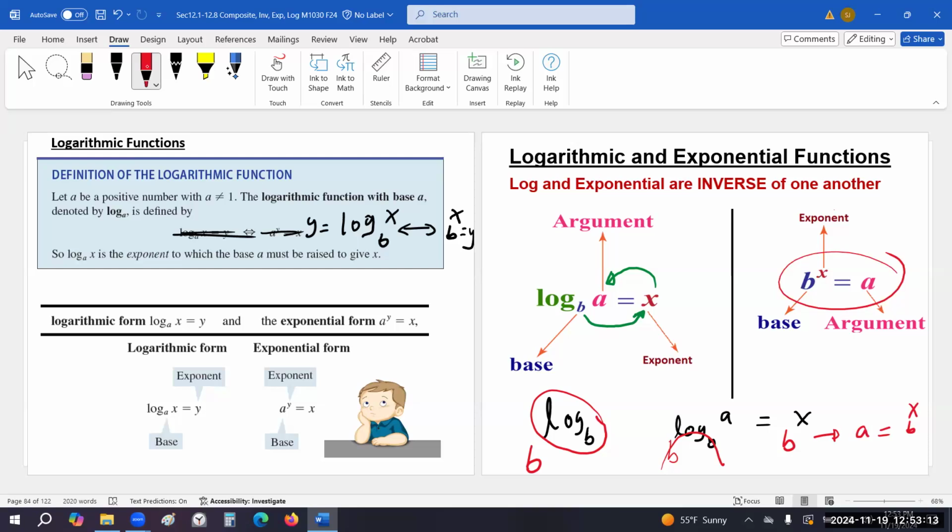So if you forget how to convert, apply b to both sides, and whatever remains is the exponential format.